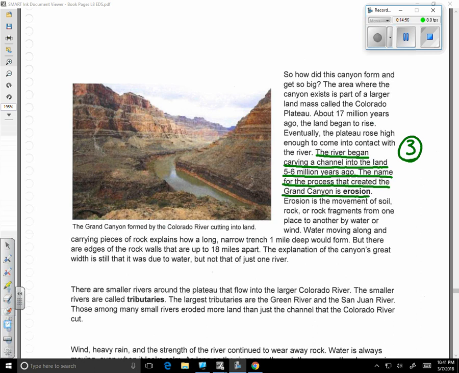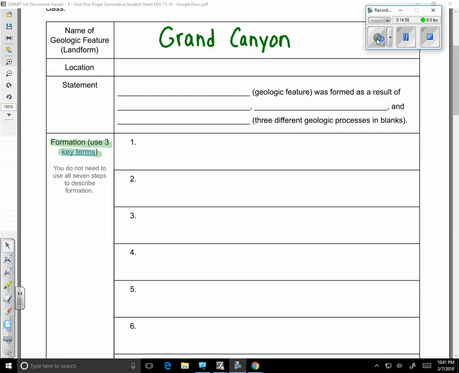So basically on step 3, what happens is you have this plateau, and a river is going through it, and it's slowly carving like a hole through there.